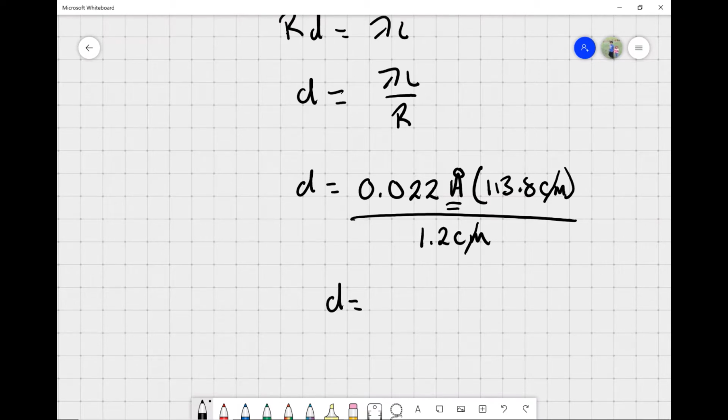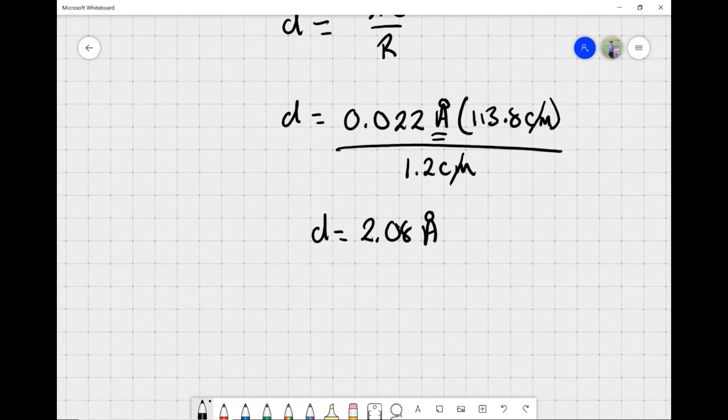And so I got D is equal to 2.08 angstroms.